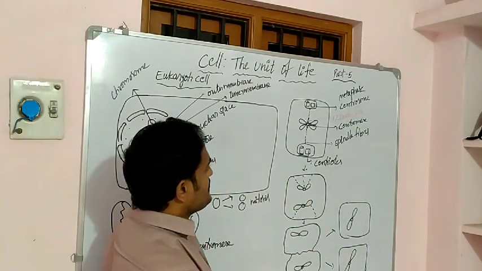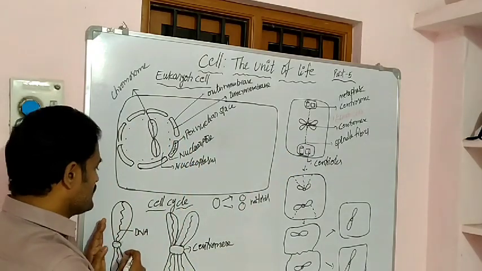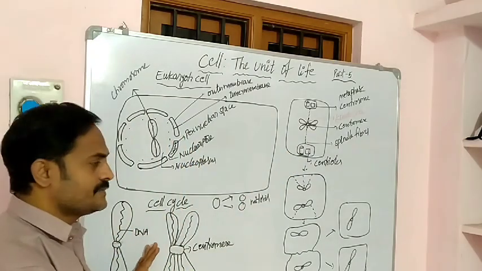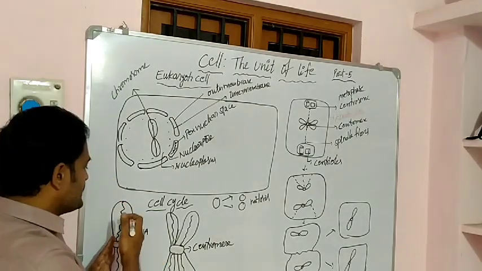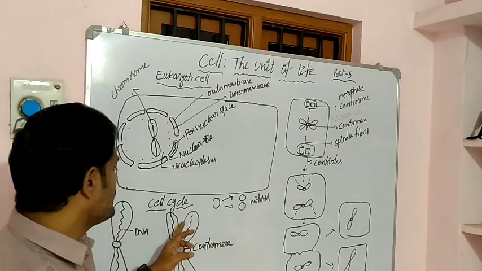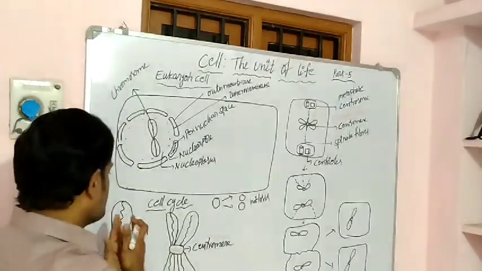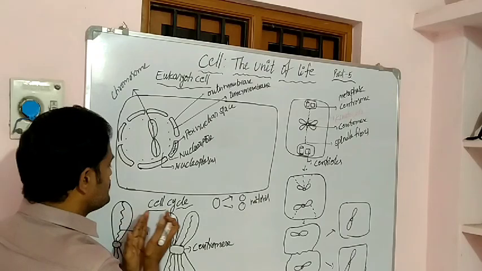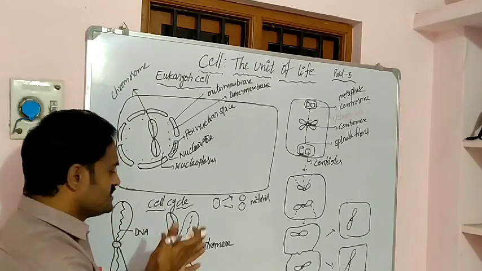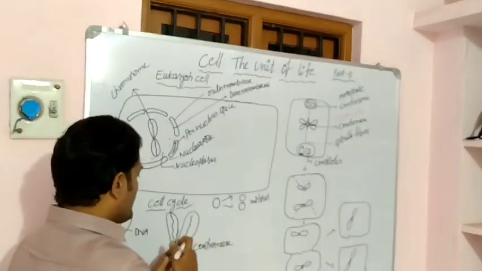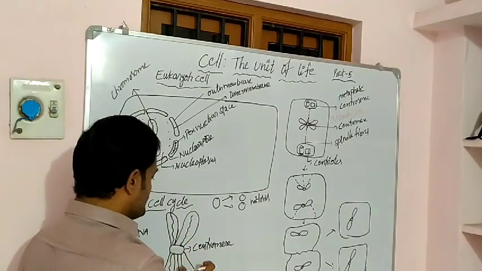So like this, the actual structure of the chromosome is this. When they participate in cell division, they copy the genetic material as well as the chromosome. First the genetic material is duplicated, so an exact copy of the genetic material will form. Then the chromosome is also duplicated and forms the same kind of chromosomes like this.